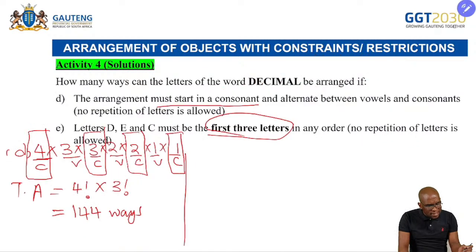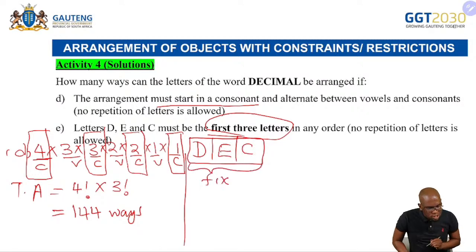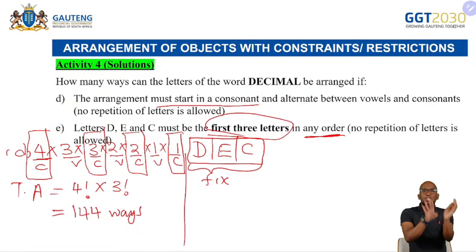This one says letters D, E, and C must be the first 3 letters, which means you group them, and then you're going to fix their position because it is specified that they must be the first 3 letters. Now, they said in any order, which means they can interchange positions in any order.